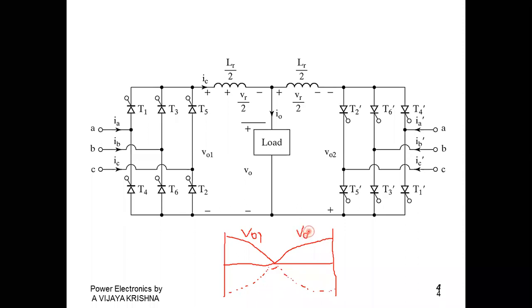The converter output voltages can be changed, V01 and V02 values, here from 0 degrees to 180 degrees. Up to 180 we consider 0 to 180.